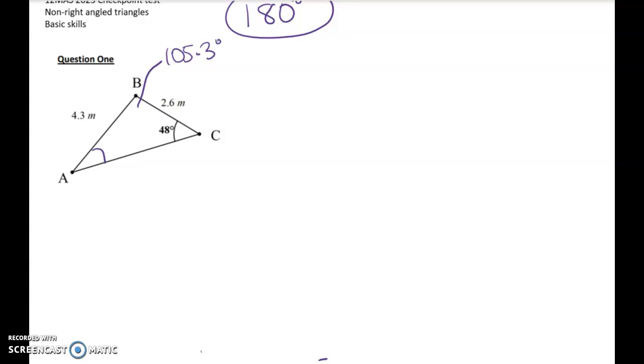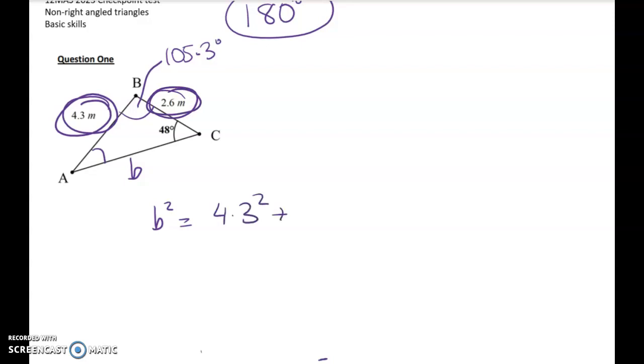We're going to say this side, so b squared is equal to these two hugger sides, so 4.3 squared plus 2.6 squared minus 2 times 4.3 times 2.6 times cos of 105.3.